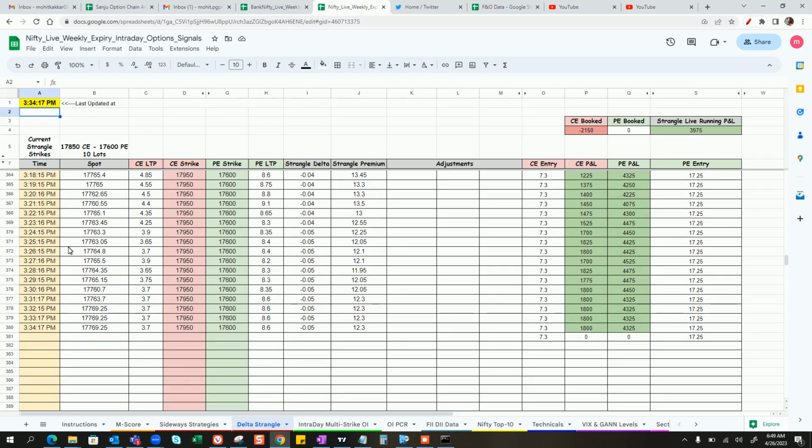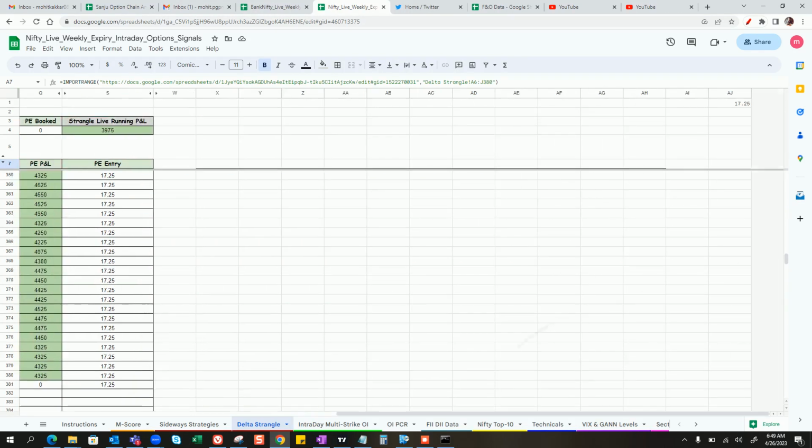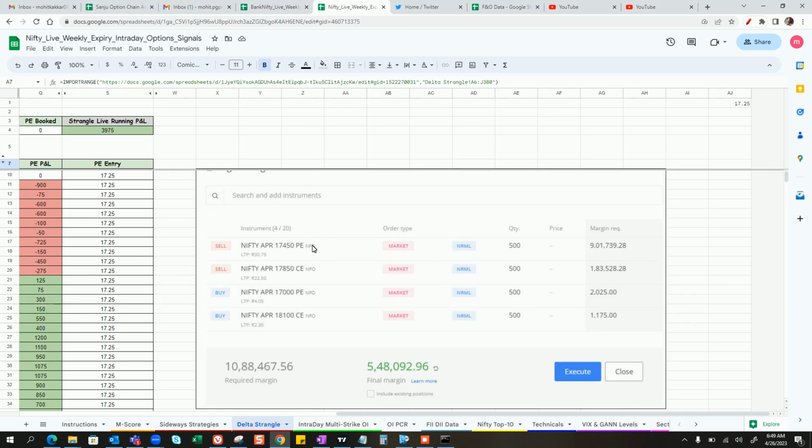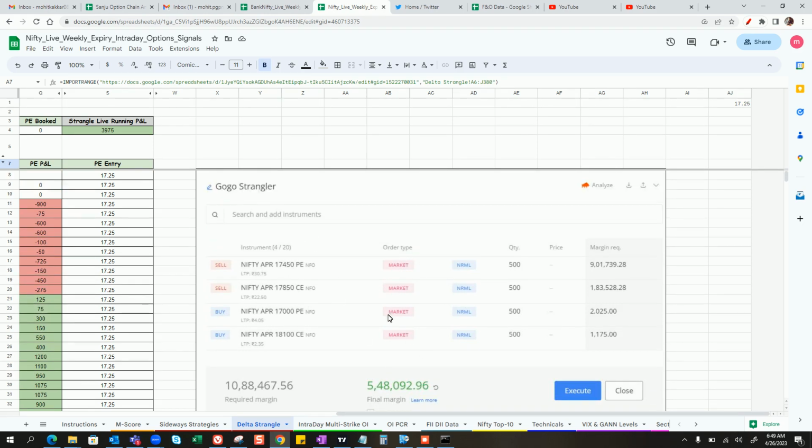Every 1 minute it gets updated, and you can have a look at the last updated timestamp. We're doing 10 lots intraday, and for the margin requirement I kept a reference screenshot for the users.